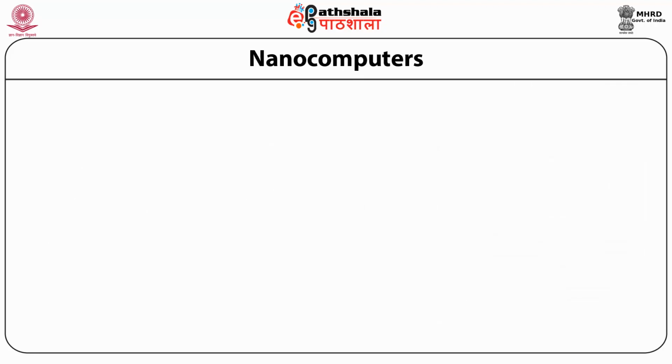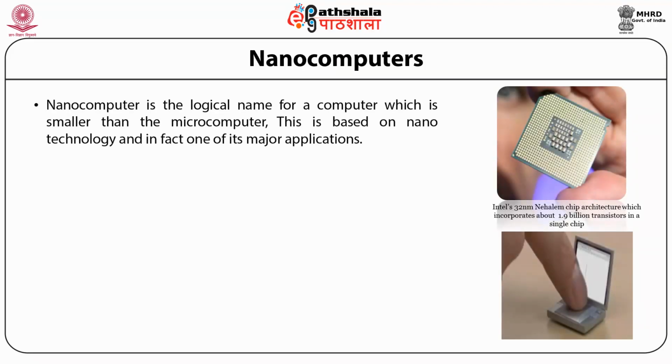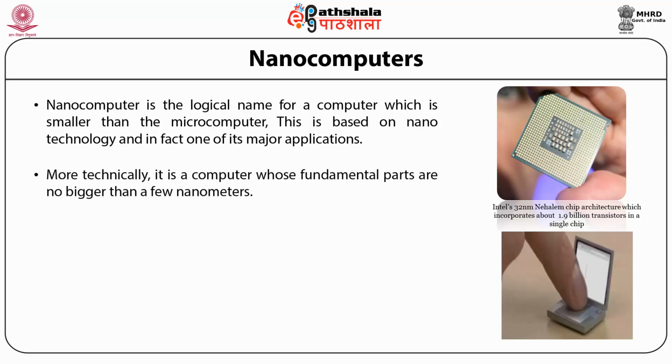One of the most common nanoproducts is the nanocomputer. A nanocomputer is the logical name for a computer smaller than a microcomputer, based on nanotechnology. In fact, it is one of its major applications. More technically, it is a computer whose fundamental parts are no bigger than a few nanometers.